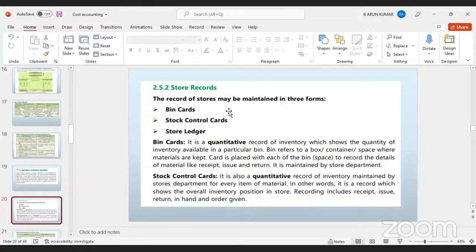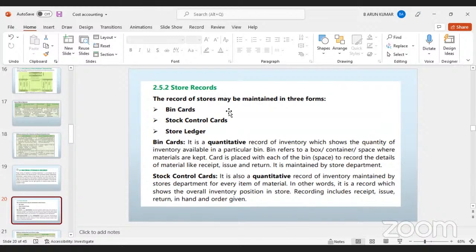Based on this bin card, the stores department puts every material in one box. On that box, we mention, for example, you see the medical shop. In a medical shop, every tablet is put in a different type of box. On the top, they mention that the box contains this type of tablets.